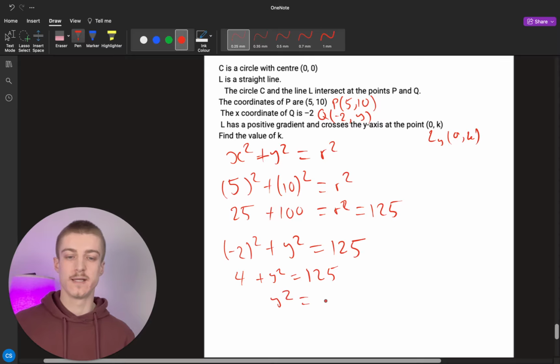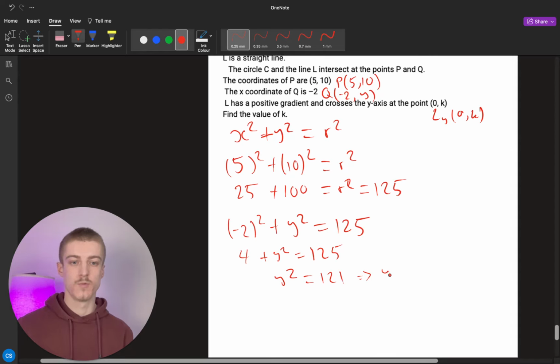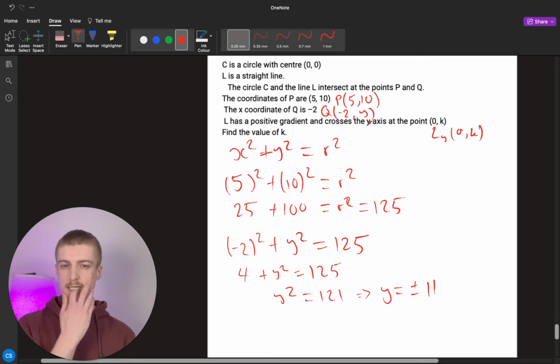So let's choose our y values, 10 and minus 11. So if we do minus 11 minus 10 over minus 2 minus 5, minus 21 over minus 7, this becomes positive 3. So our gradient of L is positive 3.